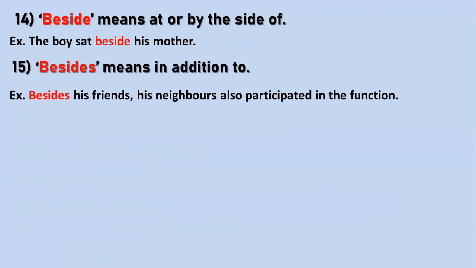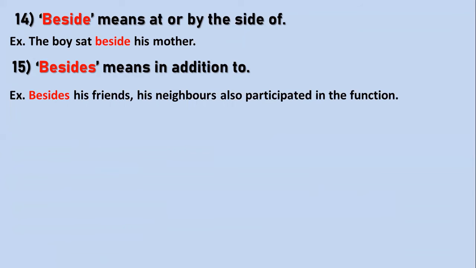It means in addition to. Example, besides his friends, his neighbors also participated in the function. Along with his friends, in addition to him, there were many other members. At that time, you can use the preposition besides.